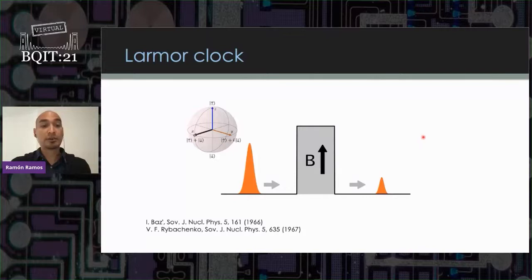This thought experiment was developed by Baz' and Rybachenko in the mid-60s, and it is known as the Larmor clock. Imagine we have a particle with spin 1/2 that we prepare in a superposition of up plus down along the x-axis in our Bloch sphere. We also have our barrier, and inside this barrier we localize a magnetic field pointing along the z-axis.